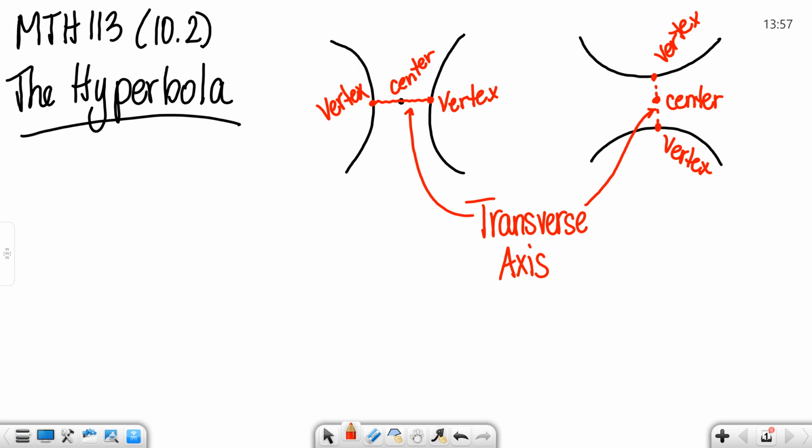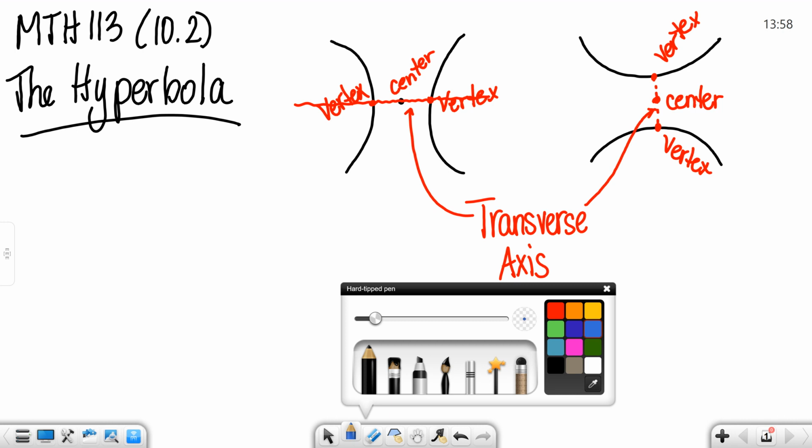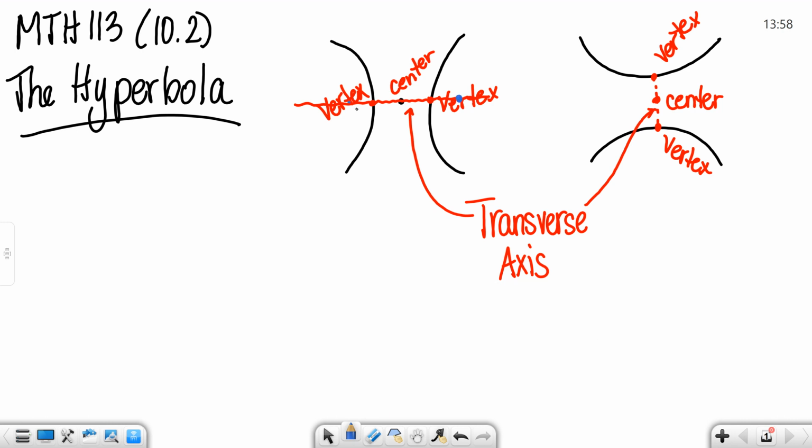Another thing that is important on our hyperbola would be the foci. Okay, we do still have foci in our hyperbola. Our foci this time, imagine that our line, our transverse axis, were extended. My foci, I'll do those in blue. My foci are on this line, away from the center.